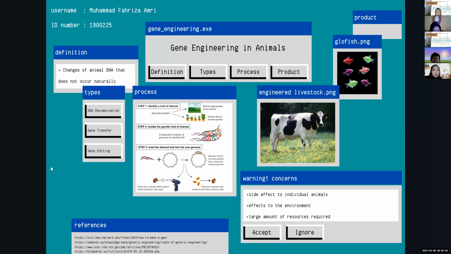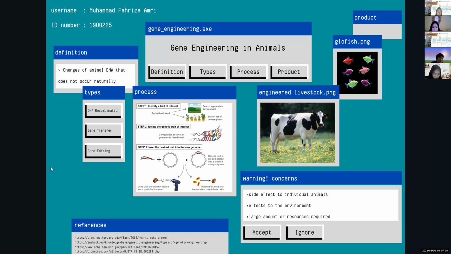And then you also have the large amount of resources required because, as much as gene engineering is an amazing technology, the cost to do that is quite a lot, because as much as you would like to introduce traits to animals, most of the time they do not survive the process.